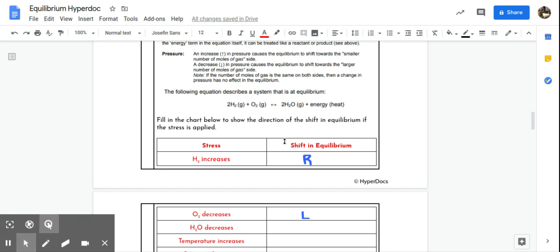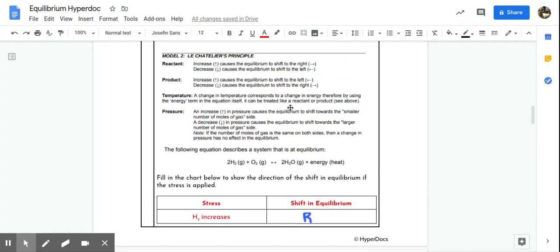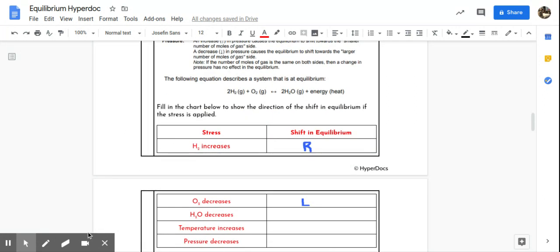Now H2O. If we decrease H2O, H2O is a product. So a decrease causes the equilibrium to shift to the right. So we write R. That makes sense again, because we have less of this, so we want to balance it out by going in that direction.